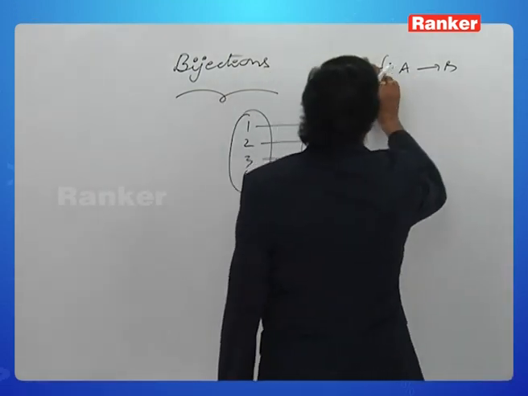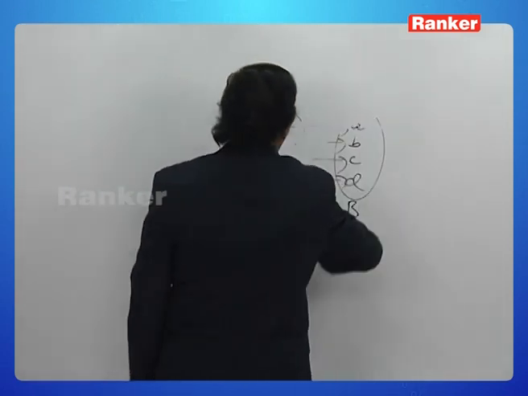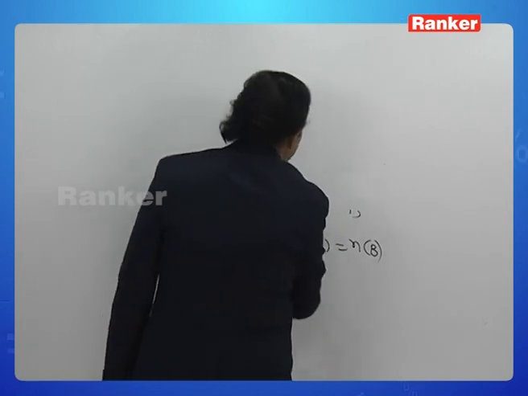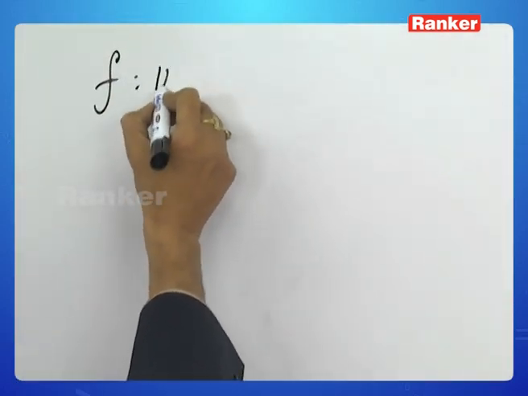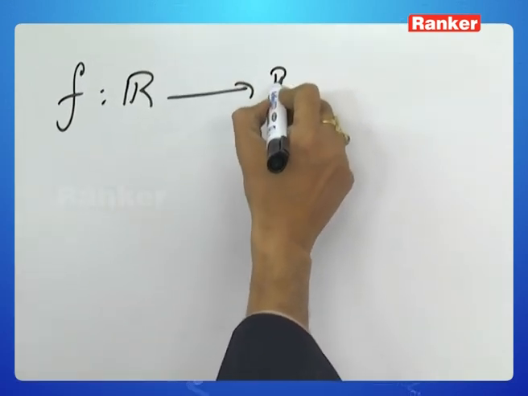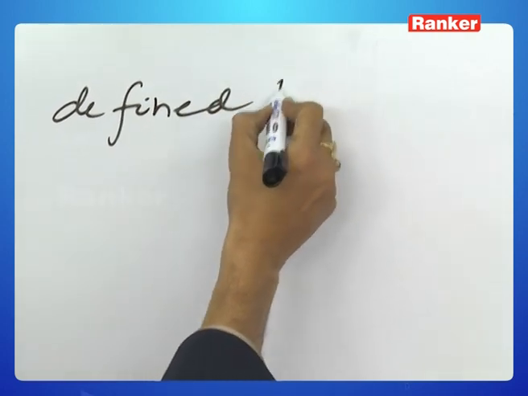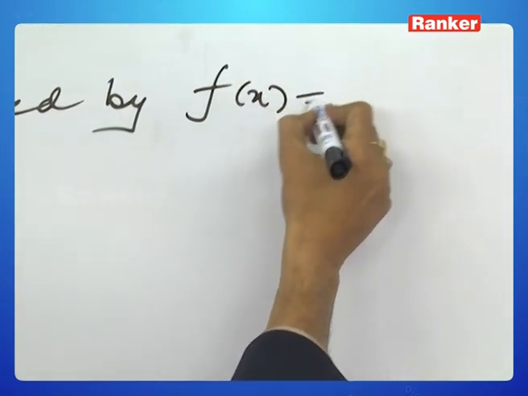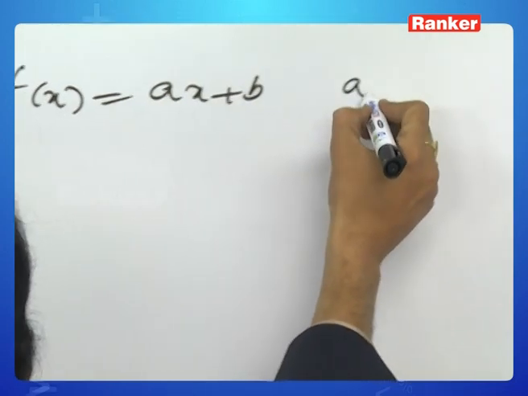Let us recall the examples of some famous bijections which we come across in our usual daily mathematical life. f from R to R defined by f(x) = ax + b, a not equal to 0.